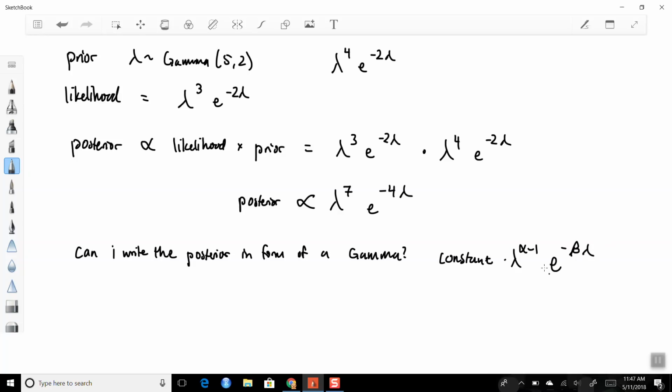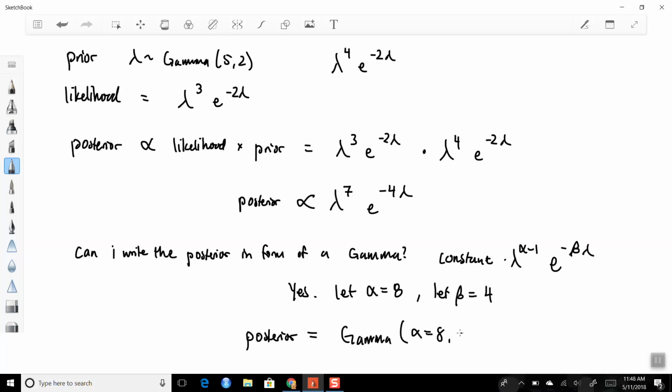And the answer is yes. Let alpha equal 8 and let beta equal 4. So now we have our posterior is equal to a gamma distribution with alpha equal to 8 and beta equal to 4.